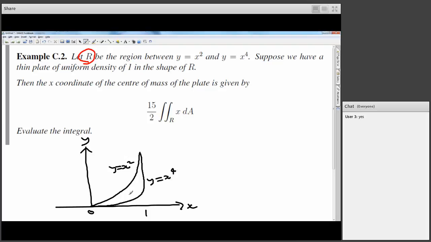So y equals x to the 4 is down the bottom, and they meet when x is 1, and y equals 1 for that matter. So this is the point (1, 1).